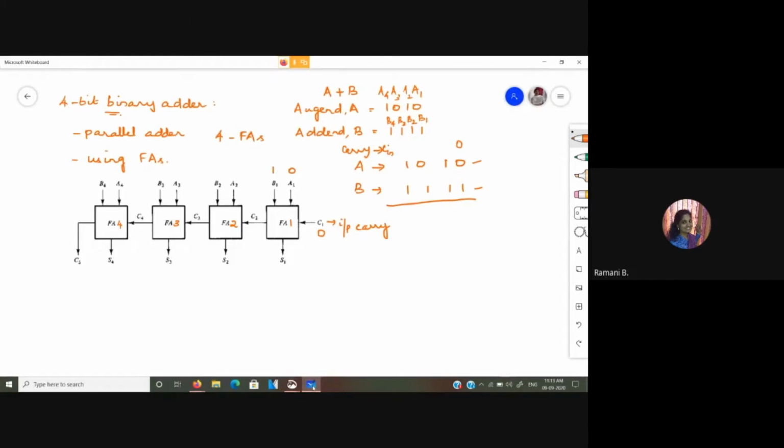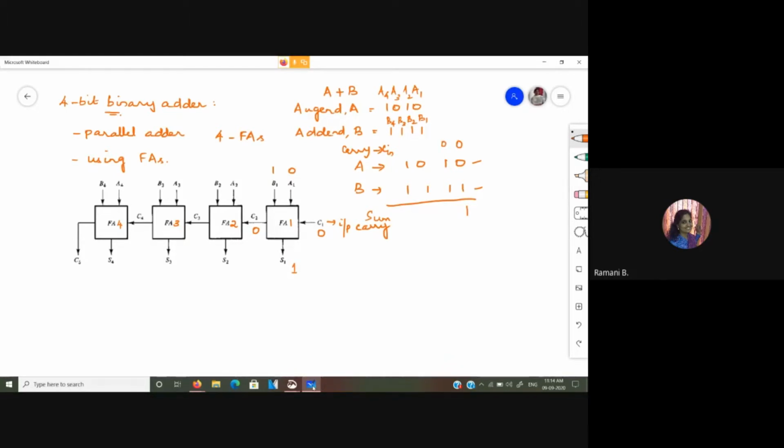So now this full adder adds all these 3. So whatever be the combination, you are having only one value as the 1. So the corresponding sum will be 1 and I will get the carry to be 0. So sum is 1 and the carry is 0.